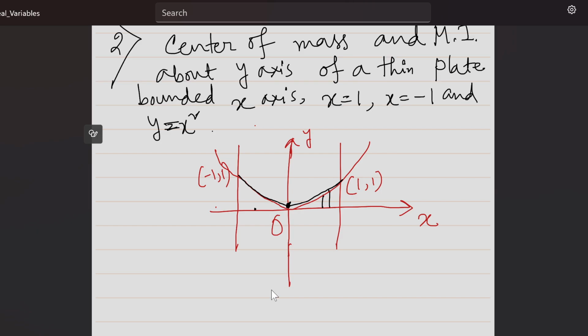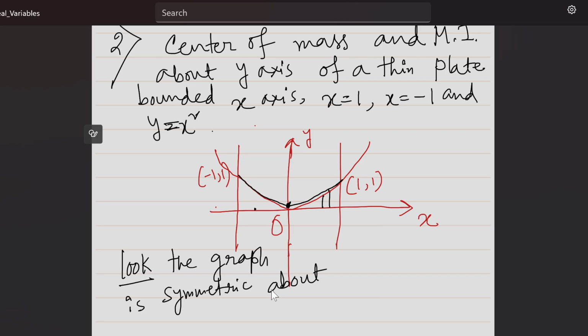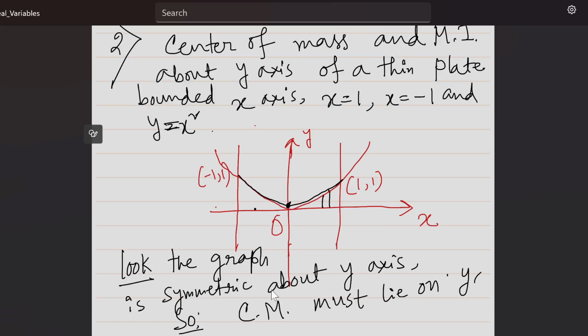The graph is symmetric about the y-axis. So the center of mass, I am writing CM for center of mass, must lie on the y-axis.